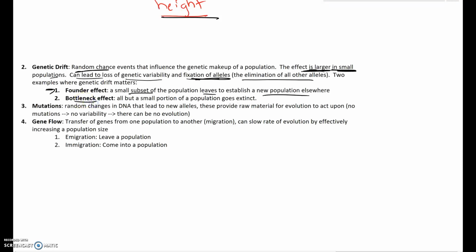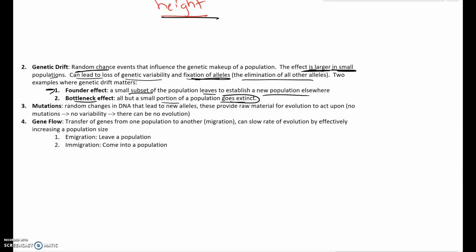And the other common case of this is known as the bottleneck effect, where all but a small portion of the population goes extinct. So if there is a very small population and a lot of them are dying off, again, we have a small population, there's only a few of them left.